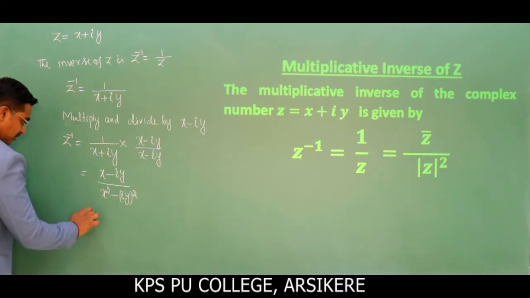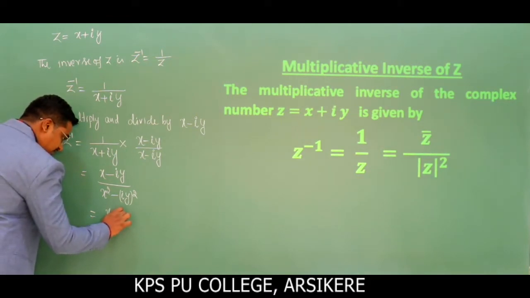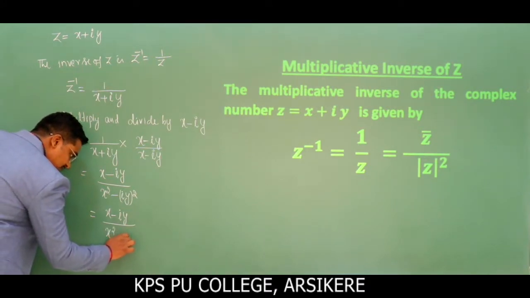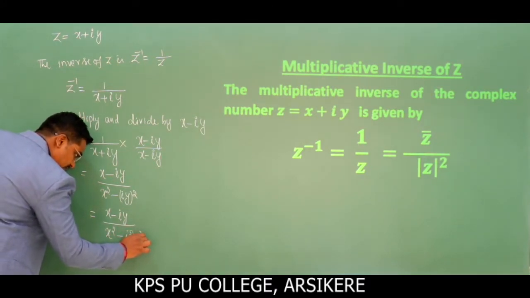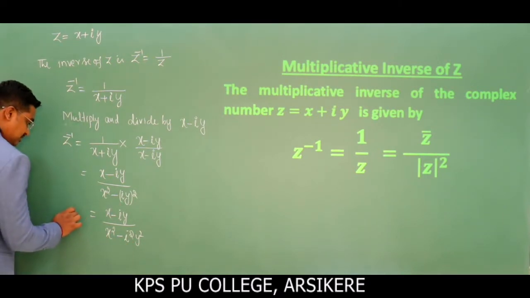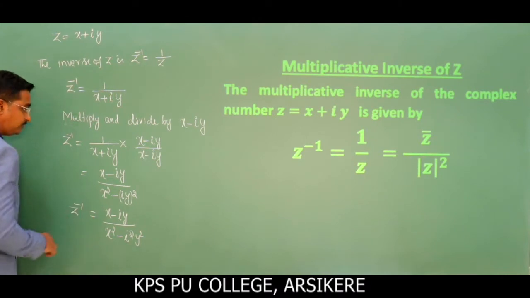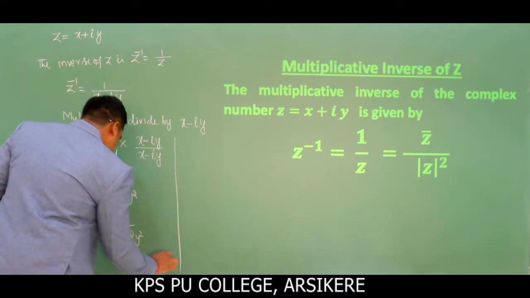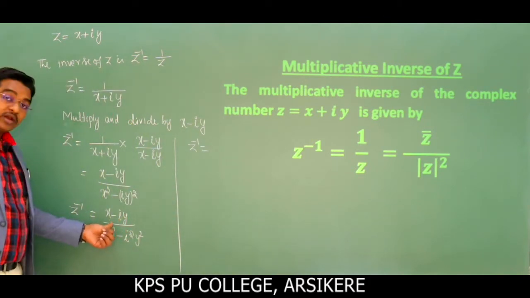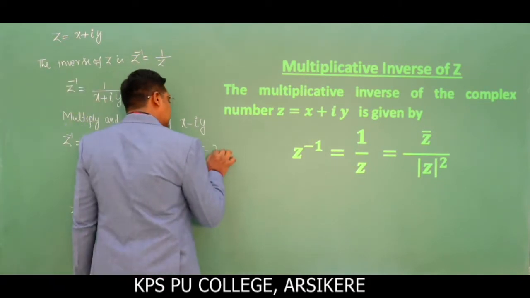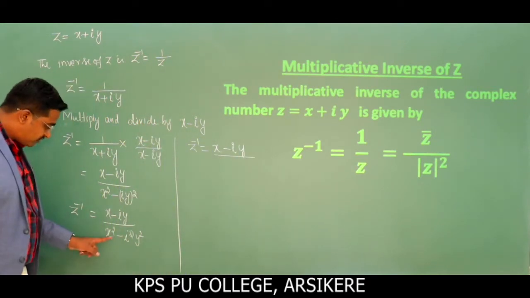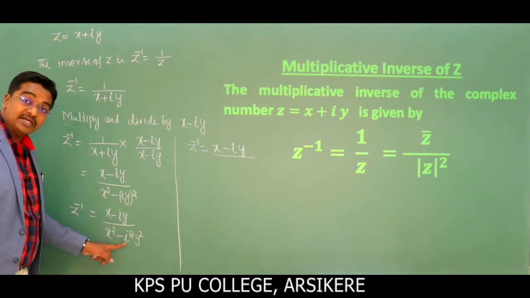Next simplification: this is x minus iy as it is, divided by x square minus i square into y square. This is z inverse. Numerator as it is, x minus iy, divided by x square minus i square y square.